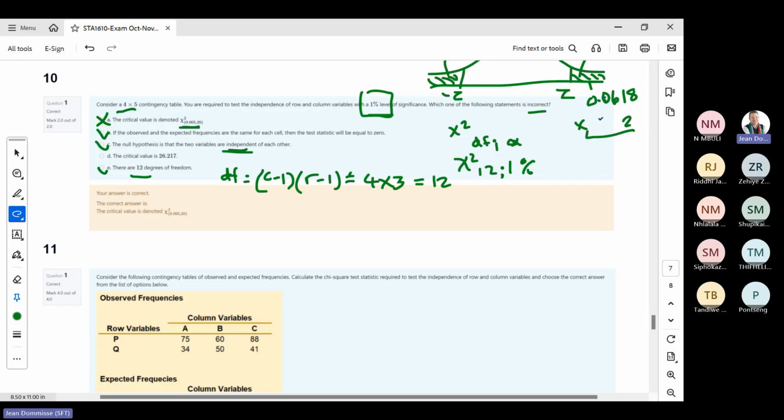And then you can go and look for the critical value. So on that chi-square table, degrees of freedom 12, 1%, you will get to the 26,217.